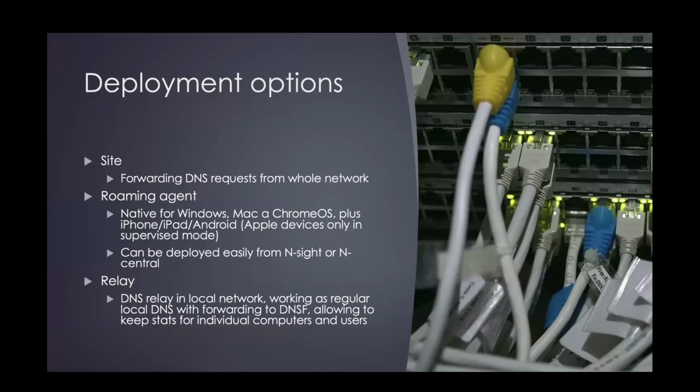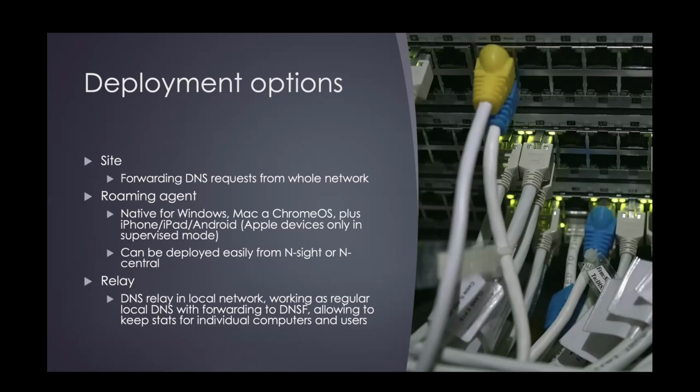Namely, you don't have very exact reporting because it's all behind the NAT. So another possibility is you have a relay installed in your network. So all the DNS requests from your local network will go through that relay, and the relay will be aware of which device made which request, leading to nicer and more accurate reports.